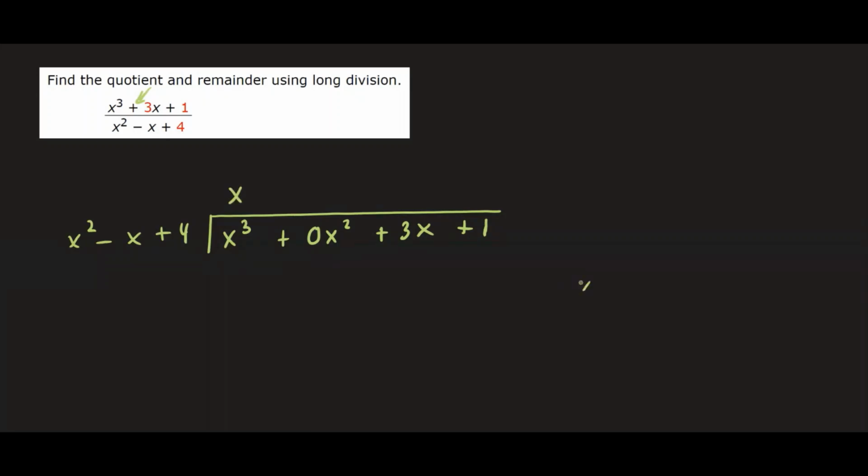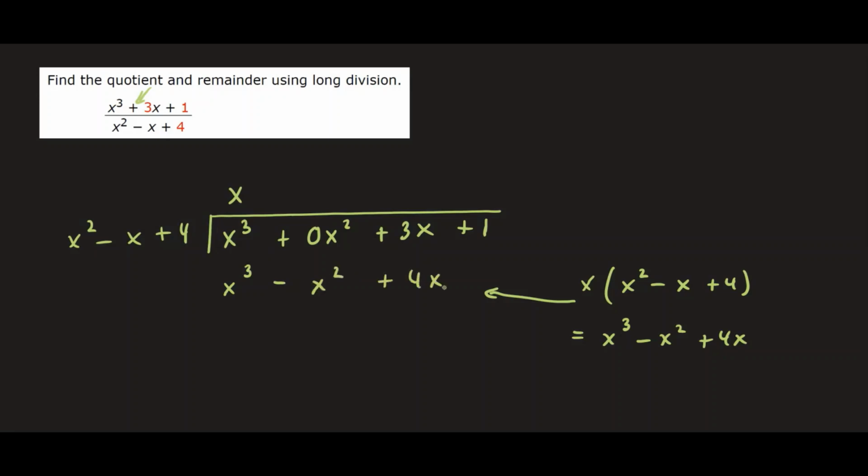So we know x times the divisor, which is x squared minus x plus 4, would go underneath these terms. So let's find out what that is. So we have x cubed minus x squared plus 4x. And that would give us the terms that belong here, minus x squared and plus 4x. And now we subtract away everything from above.